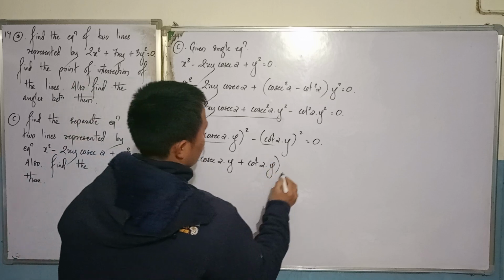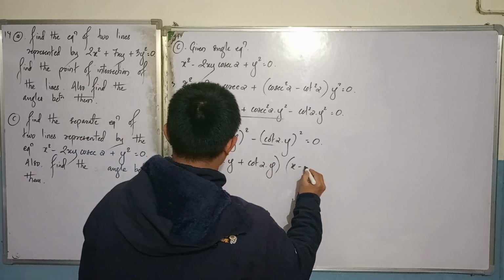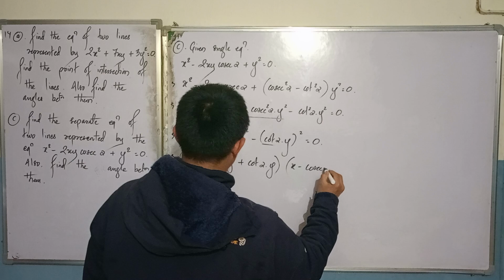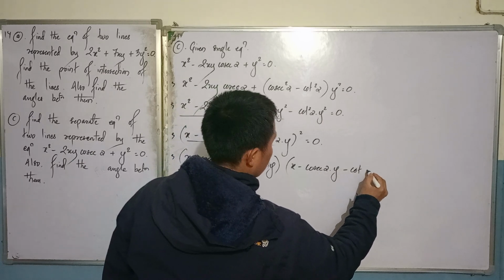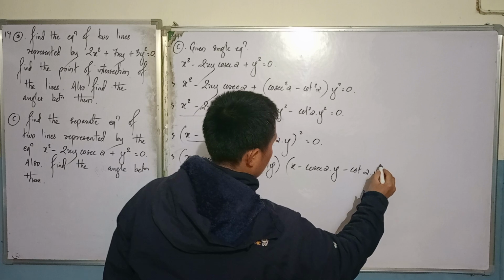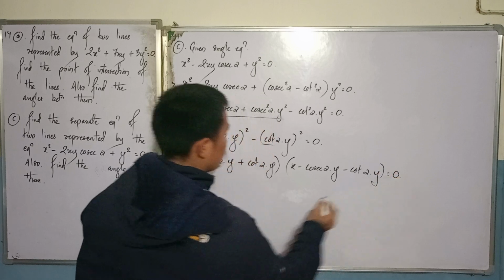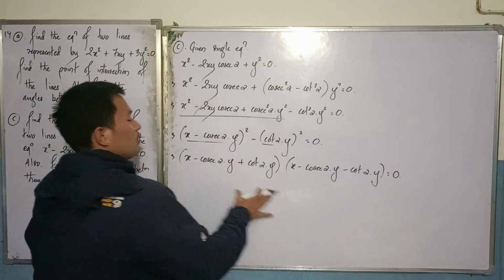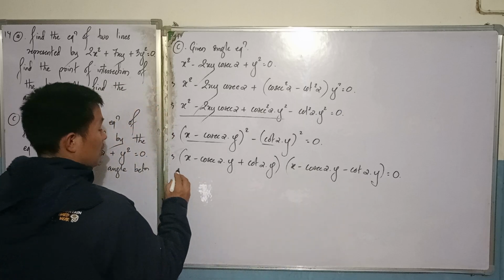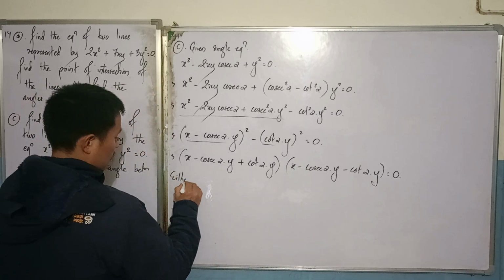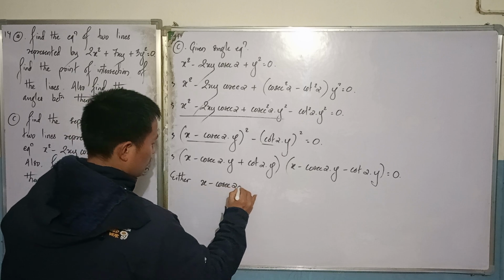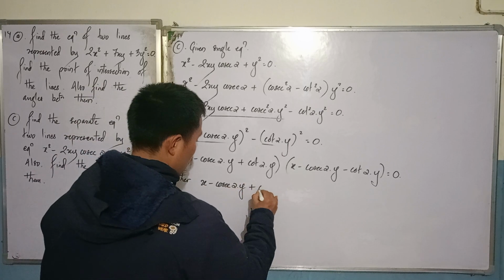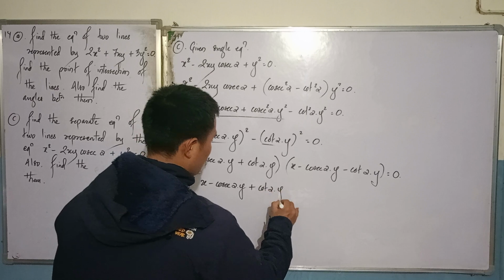A plus B and another A minus B equals 0. So A plus B, A minus B. Now we can do either x minus cosec alpha y plus cot alpha y is equal to 0.